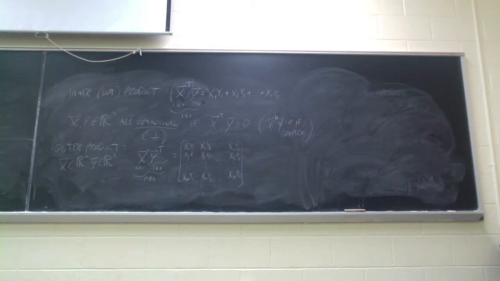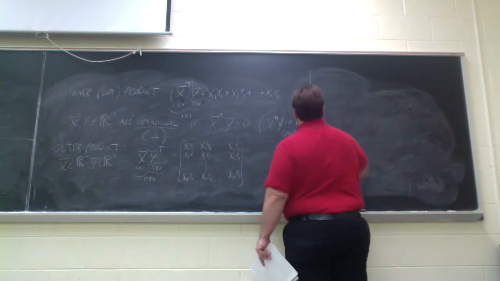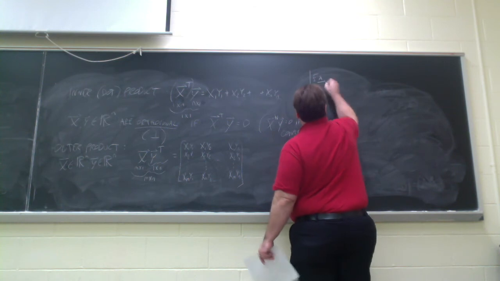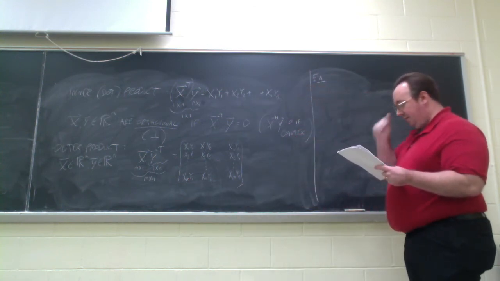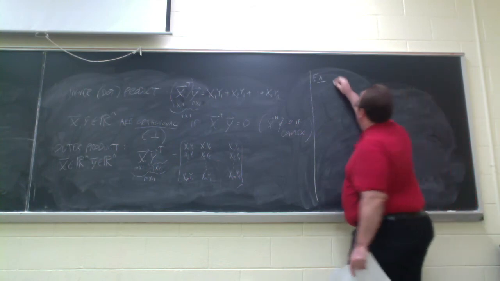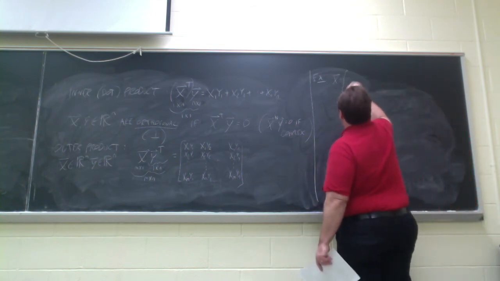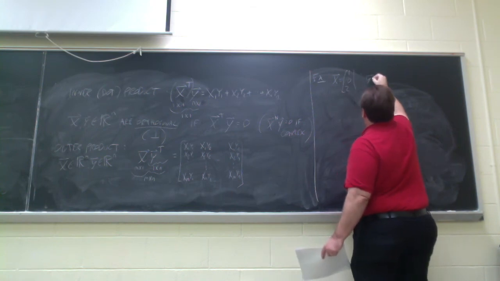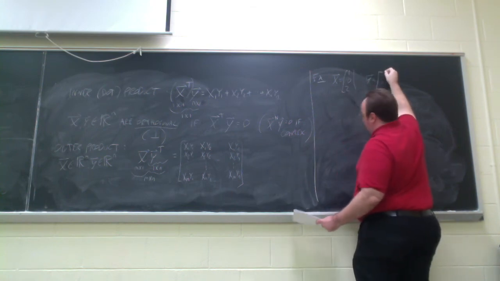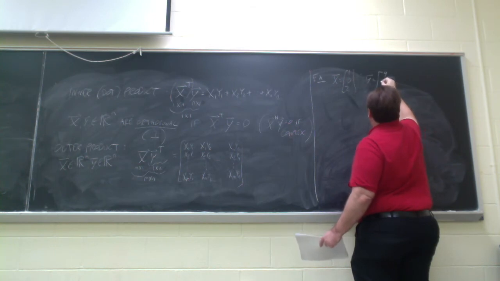Okay, so some examples. For convenience, I'll make both these vectors of dimension 3. So x is 1, 0, 2. y is 4, minus 1, 3.